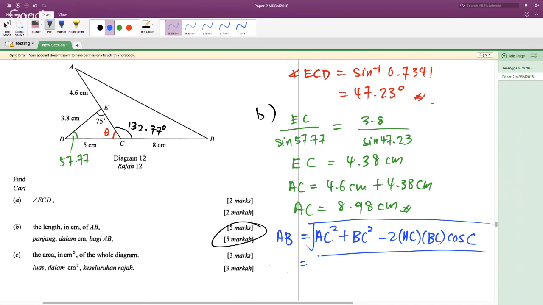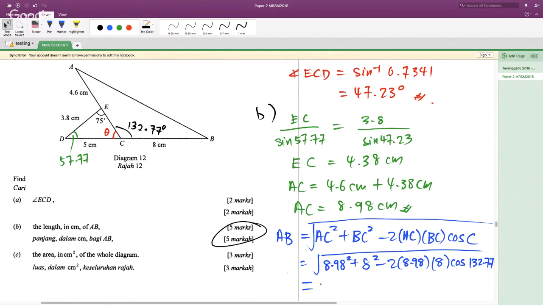So it becomes square root of AC, I got it already, 8.98 square plus BC is 8 square minus 2, 8.98, 8 cos 132.77. All right, then just use the calculator to do the job for you.